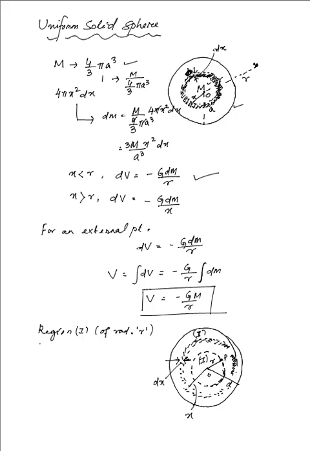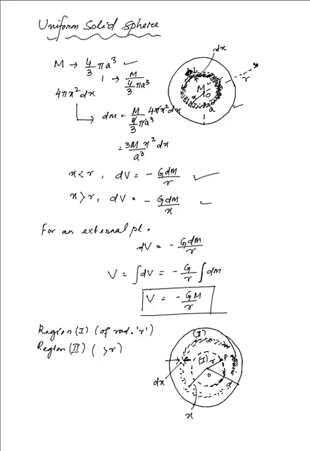Then we'll have region 2, which is the region greater than r, where r is the internal point. You may be confused by this greater than r, but this is for the internal point.